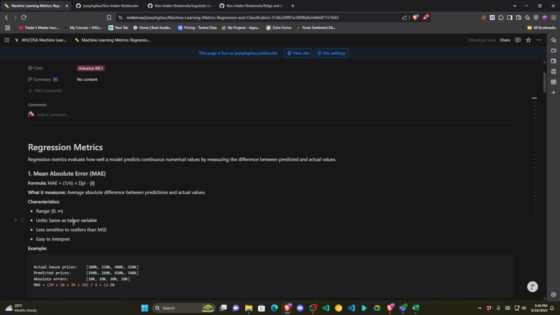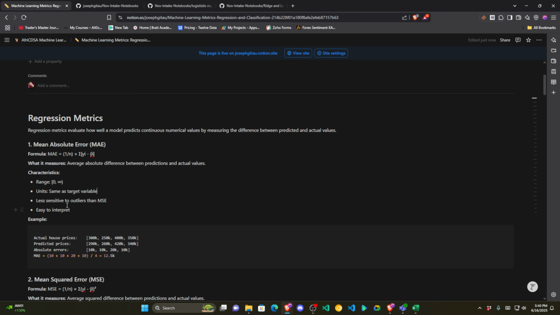For example, if you are trying to predict house prices ranging between 50k and 100k, then you would expect your mean absolute error to be in the same range, on the same scale. That's what we mean by saying units are the same as the target variable.